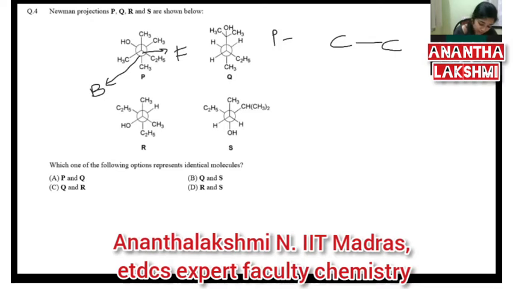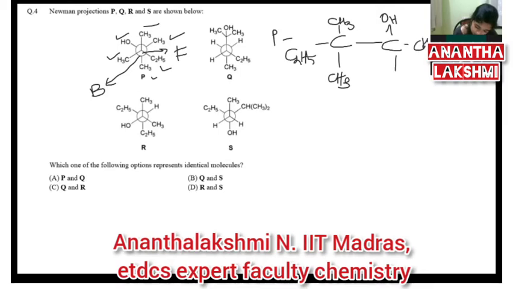The groups attached to the front carbon are CH3, CH3, and C2H5, so we write CH3, CH3 and C2H5. The groups attached to the back carbon are OH, CH3 and CH3. So writing it: OH, CH3 and CH3.